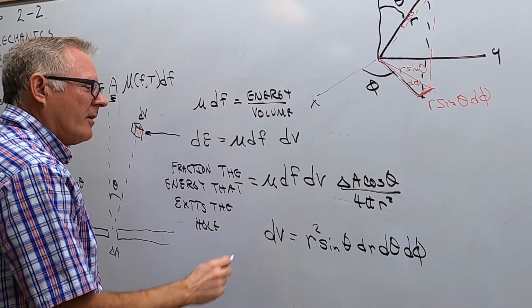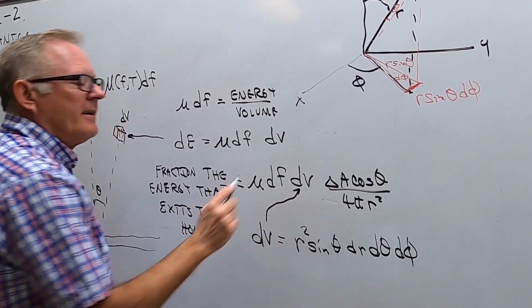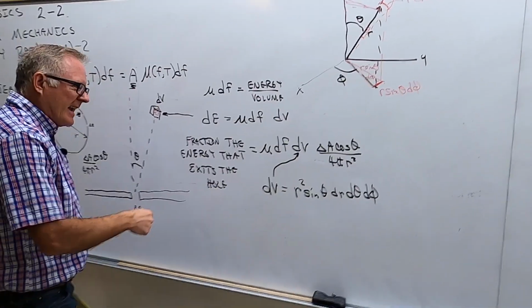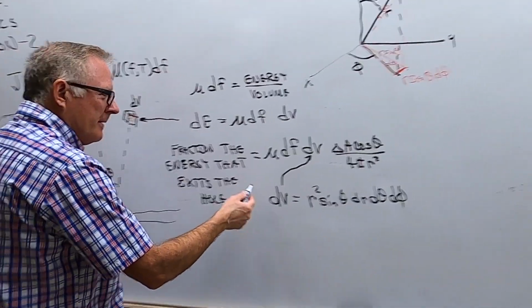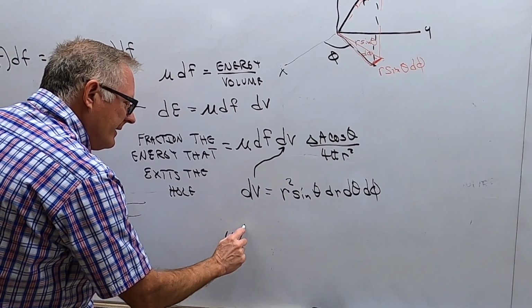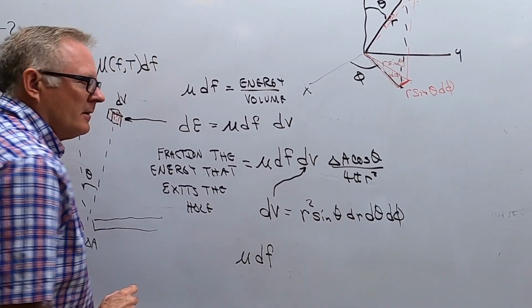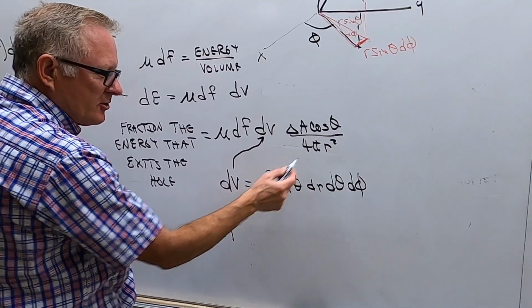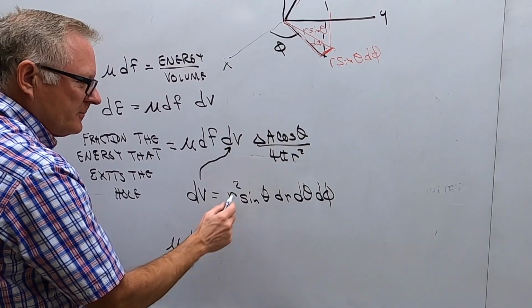Okay, so now we'll just put that right up into here. And so now we get the fraction that leaves. We'll put that up in there. So we got mu df. Then we got all of this right here. But you'll notice the r squared and the r squareds drop out. So I don't have that.